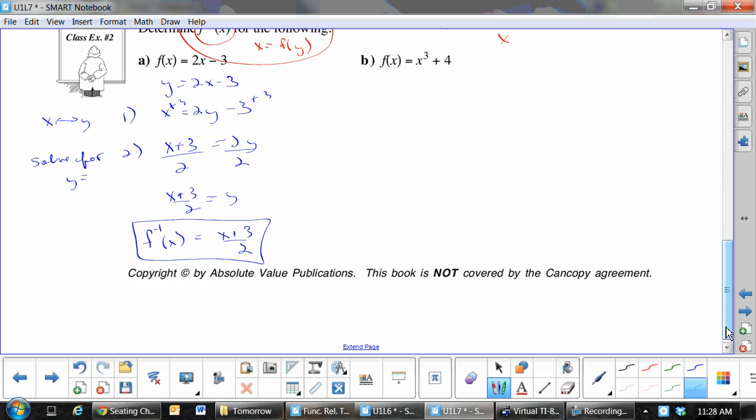Yeah, the function equals and y equals are interchangeable. So you just have to know that.